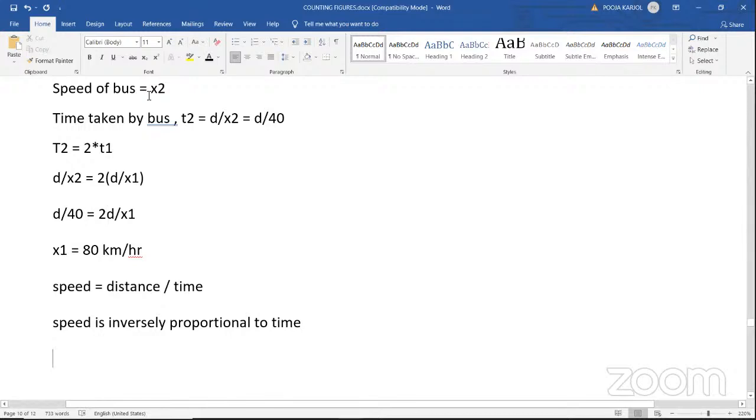So if I take these two, I'll take x1 by x2, speeds I'm dividing. Then what about time? It will be t2 by t1, because they are inversely proportional. If speed is on the top, time will be in the denominator.